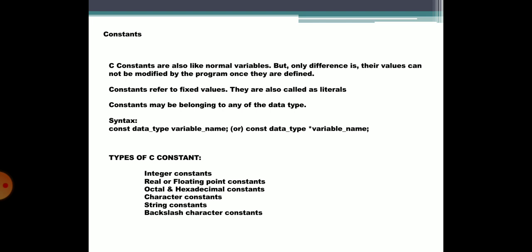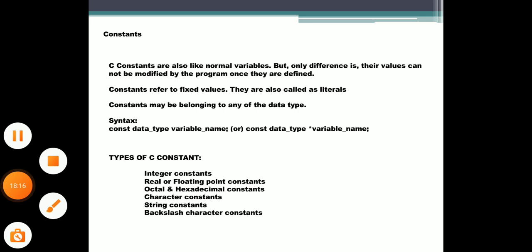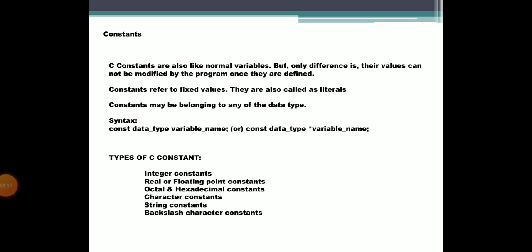In C, constants are also known as literals, like normal variables. Constants may belong to any one of the data types. The syntax for declaring a constant is const followed by a white space and the variable name.